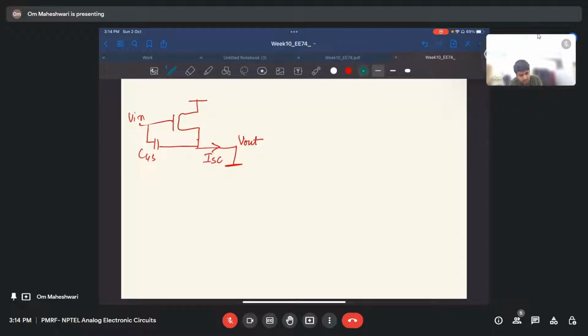So one of the current components would flow through here, and the ID current will flow here. Let me name it. Let's say I1 is this, and ID is I2. So ISC equals I1 plus I2. So what is I1? I1 equals GM VGS plus GD VDS.